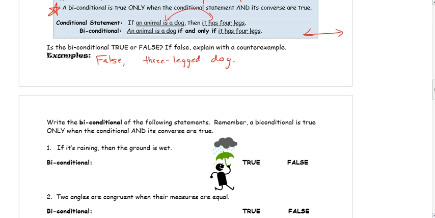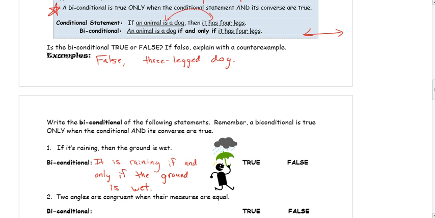We would say, it is raining if and only if the ground is wet.